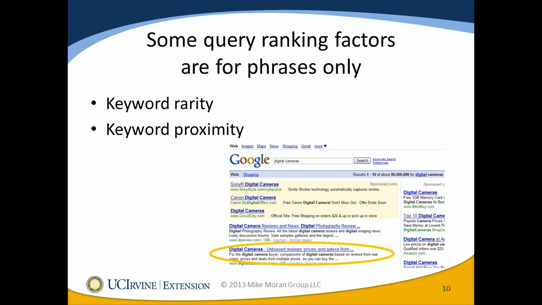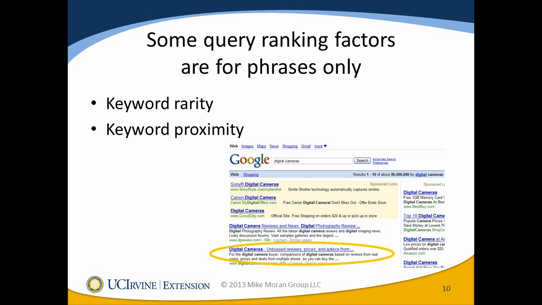What that would tell you is that if you have a page that has digital cameras on it a bunch of times, but it also has many, many occurrences of the word cameras by itself, because cameras is a rarer word, that's going to cause the search engine to think that's a more interesting page than one that had digital cameras on it several times, and then kept repeating digital all over the place.